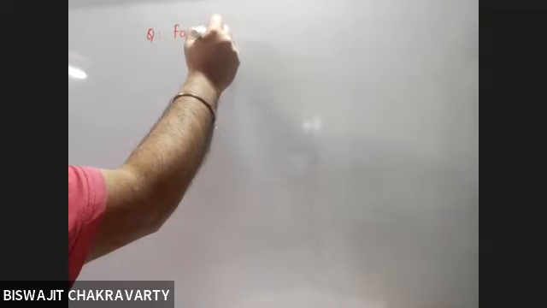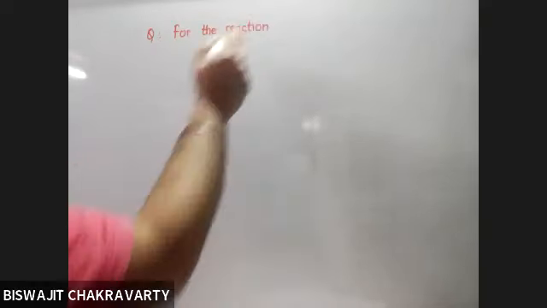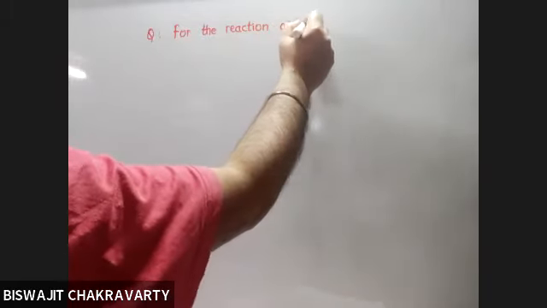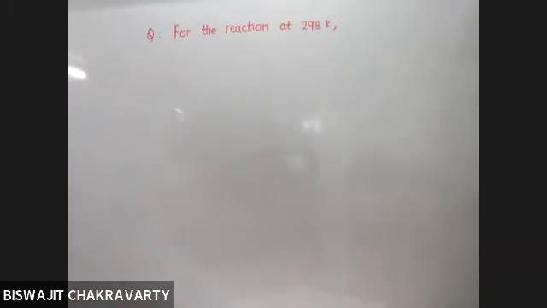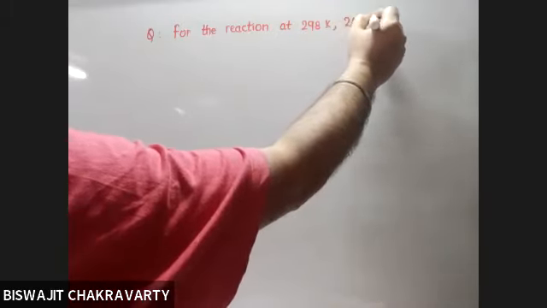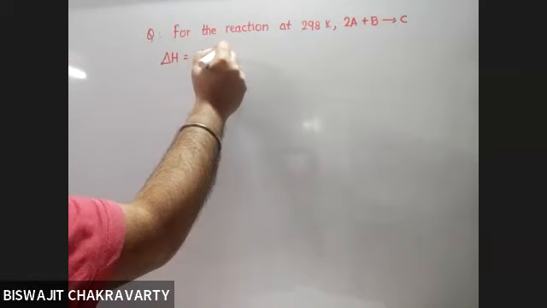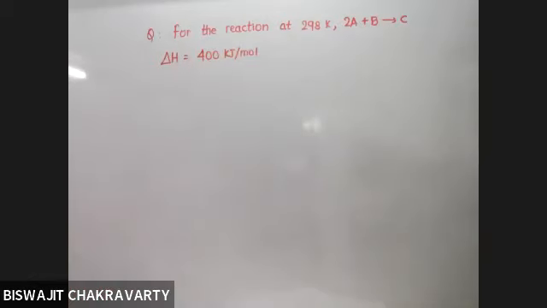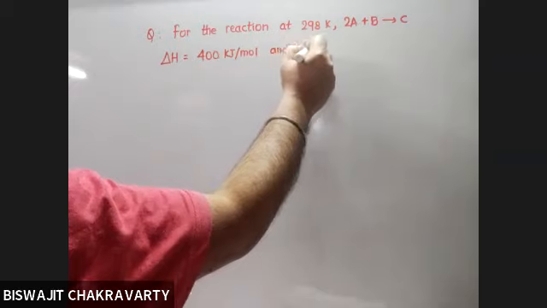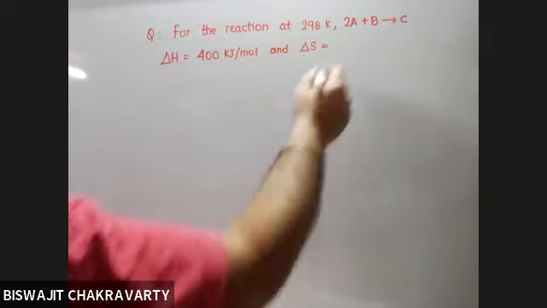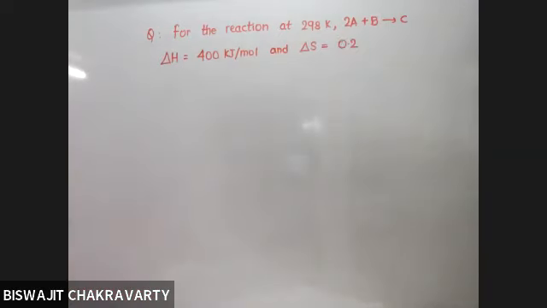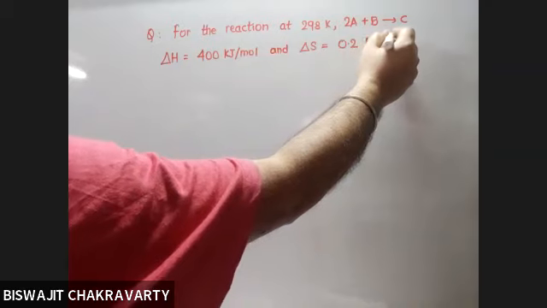Right. For the reaction at 298 Kelvin, twice of A plus B gives C. Delta H equal to 400 kilojoules per mole, and delta S equal to 0.2 kilojoules per Kelvin per mole.